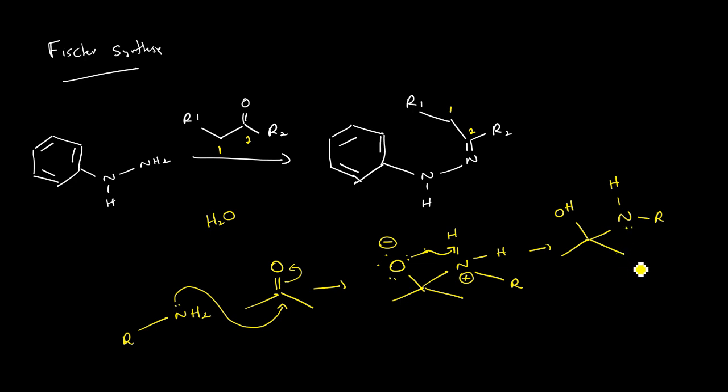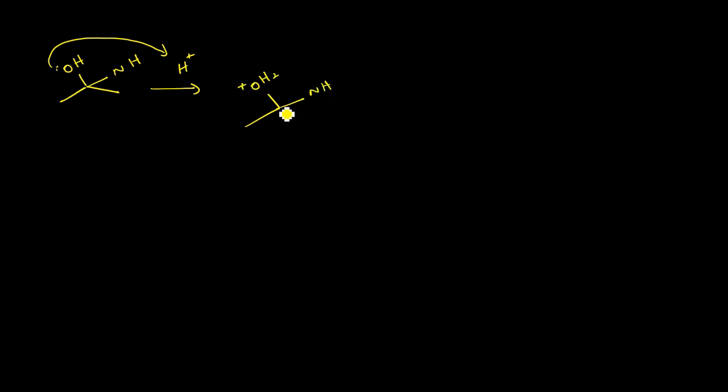And then in the presence of acidic medium, so I will take a new page. In the presence of acidic medium, one of the lone pairs on oxygen will donate its electron density towards one proton, and here we will have OH2 plus, and our nitrogen stays the same.